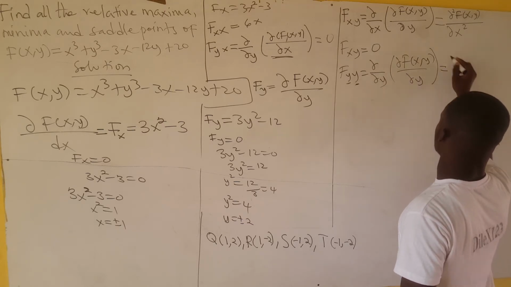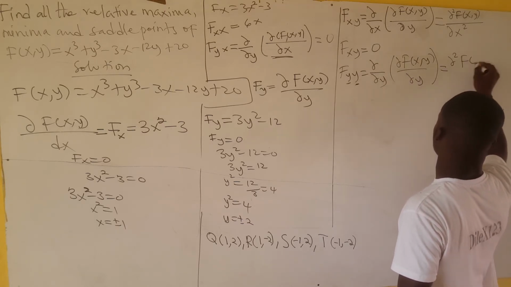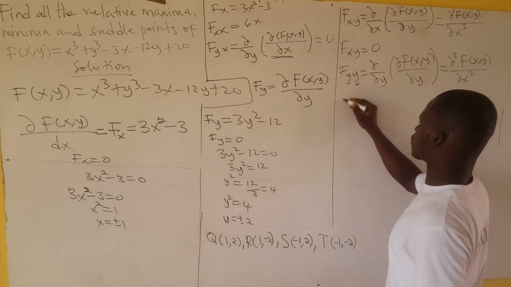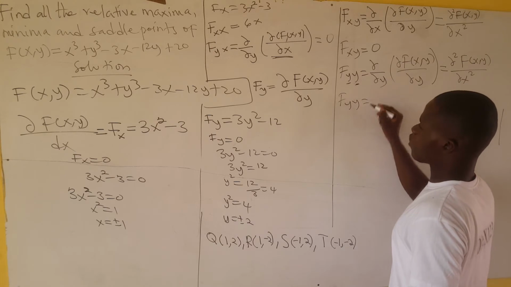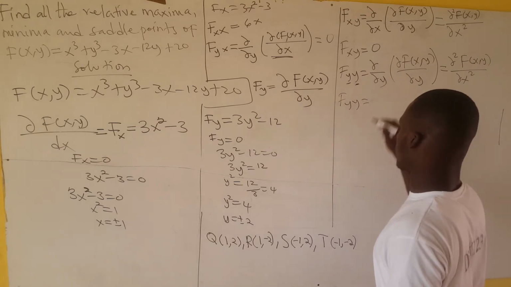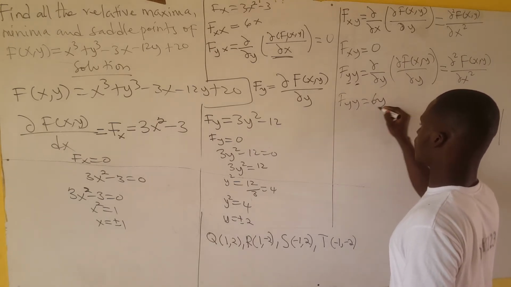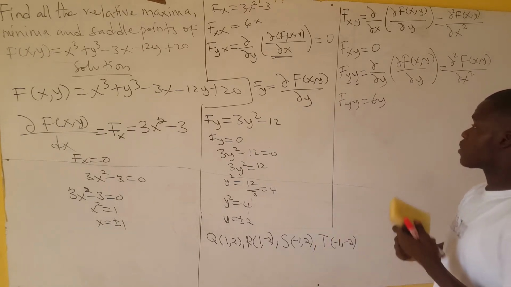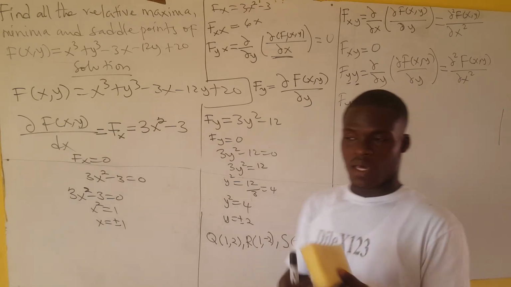And then this is also the same as d squared fxy dx squared. So fyy will be equal to, we'll differentiate 3y squared, we get 6y. We'll differentiate negative 12, the answer we have is 0. So this is what we have for fyy.